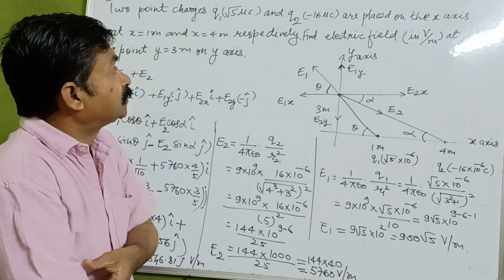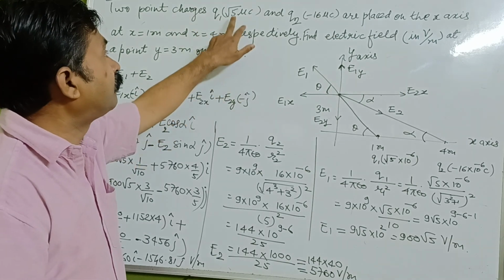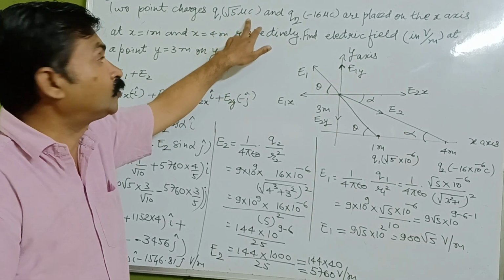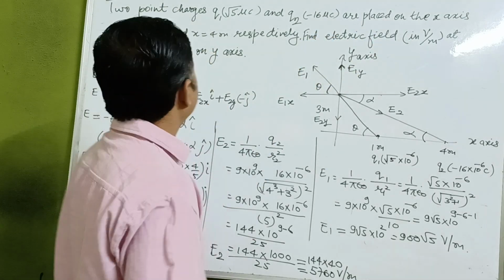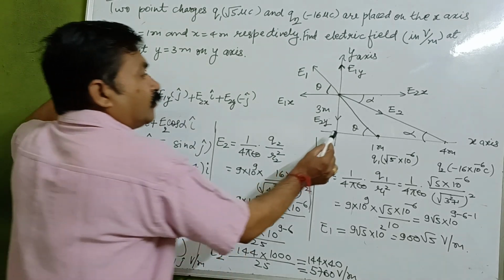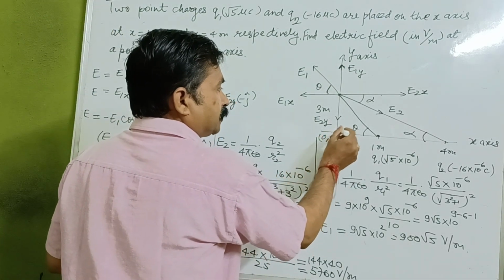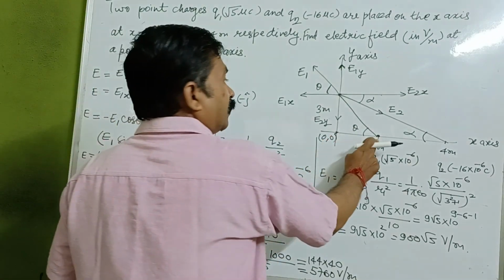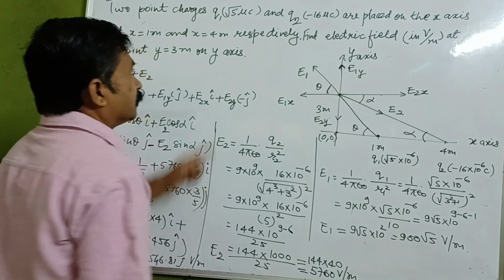Two point charges, Q1 is 5 under root 5 microcoulomb and Q2 is minus 16 microcoulomb, are placed on the x-axis. At x equal to 1 meter and x equal to 4 meter respectively.